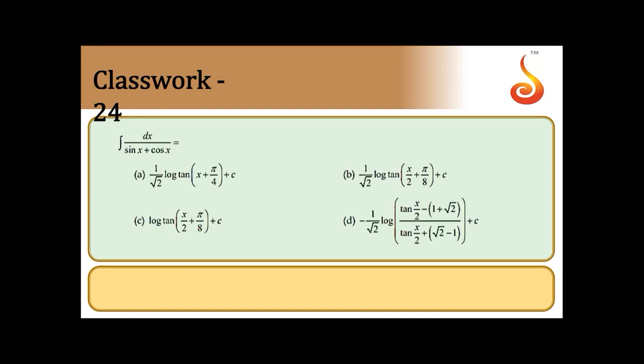Coming to the next one, the 24th one, integral 1 divided by sin x plus cos x. I multiply root 2 divided by root 2.